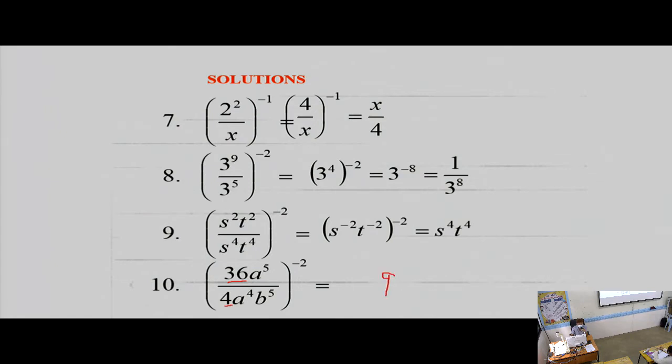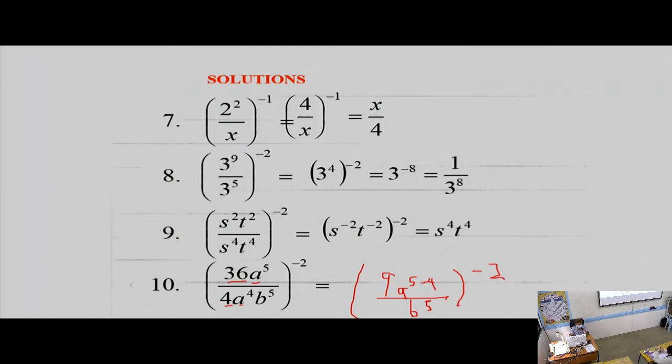A to the power of 5 divided by a to the power of 4, that is a to the power of 5 minus 4, right? Over b to the power of 5. Okay? And so we will have it all to the power of negative 2.